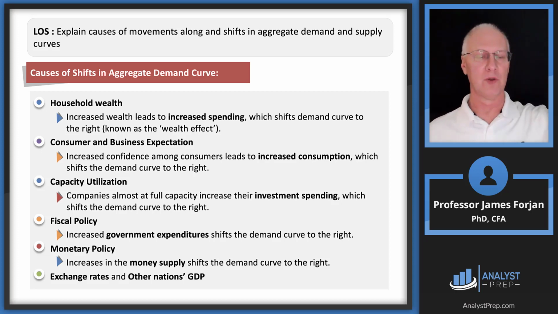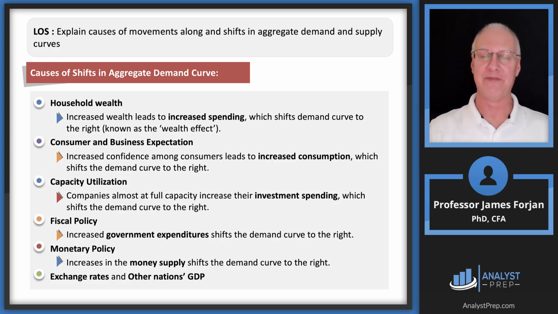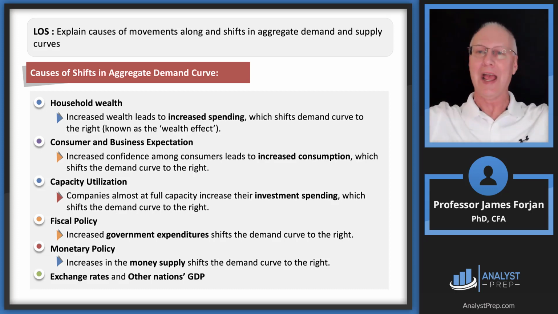And then of course the result of those first five embedded circle points is going to have an impact on exchange rates. Remember, if here in the United States everything is going well, if we're finding positive net present value projects, if incomes are rising, if we're approaching 100% full capacity, if the Fed and Congress are doing reasonable stewardship of our capital, then other countries are going to say, hey, I want a part of that.